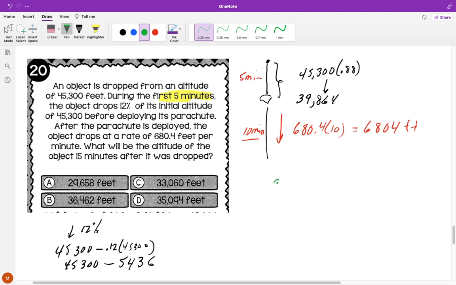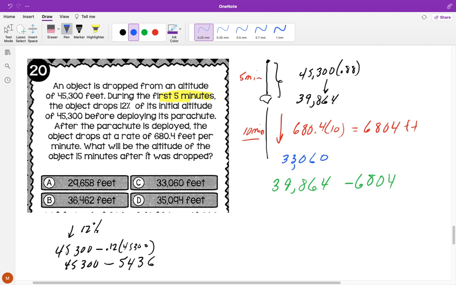So then I'll do 39,864 minus what it now dropped with the parachute going, 6,804, which is going to give me 33,060 feet. So that's where it is now.